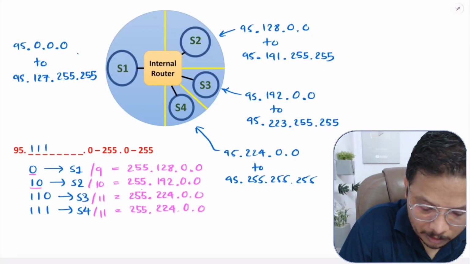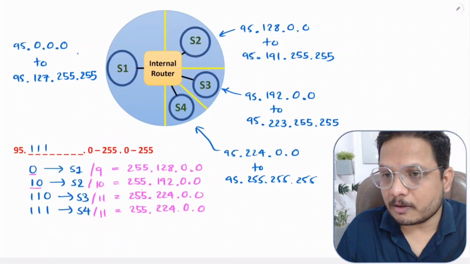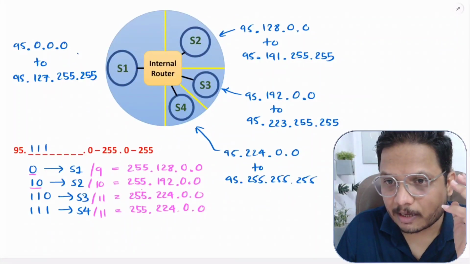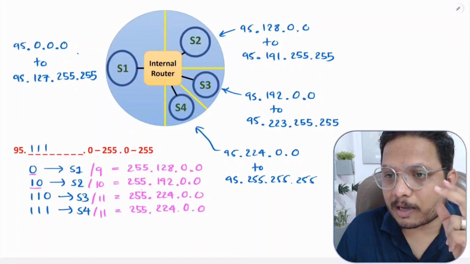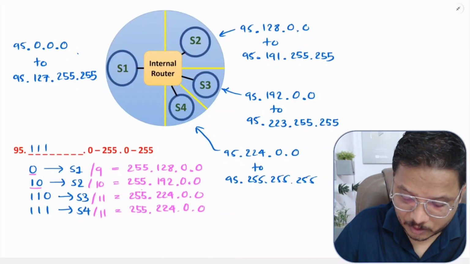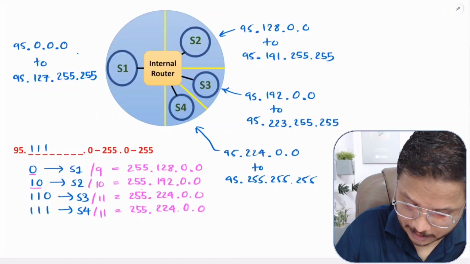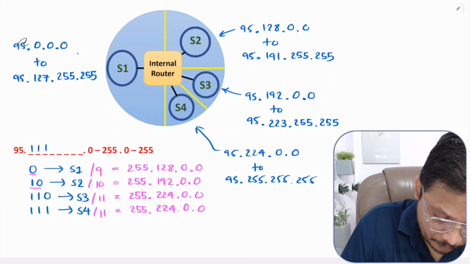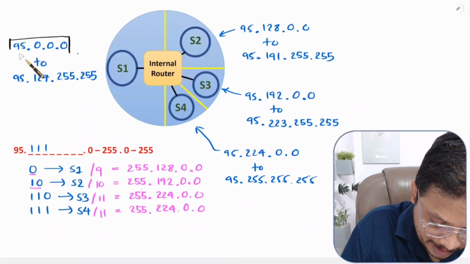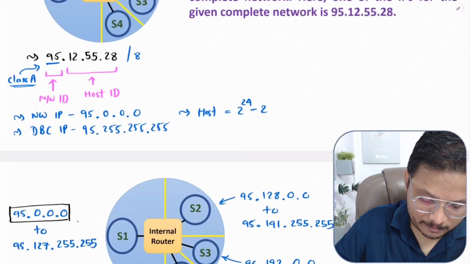Now here with all the subnetworks, what will be the subnetwork IP and what will be the direct broadcast IP of the subnetwork? Let me show you how it will be there. See here, for S1, always remember this.